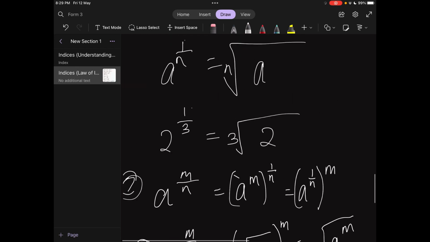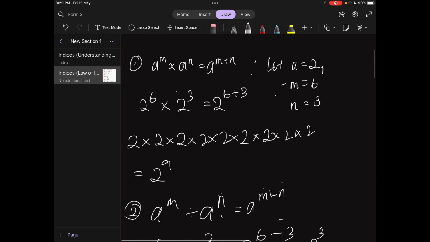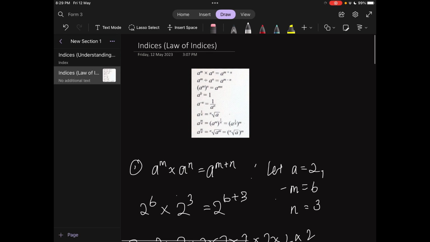And those are the eight laws that we are going to cover in this video. First one is a to the power of m times a to the power of n, where the powers add. When the same base number with different powers divide, it becomes minus. When a base number to the power of m and the whole thing to the power of n, just multiply. A to the power of 0 is always 1.